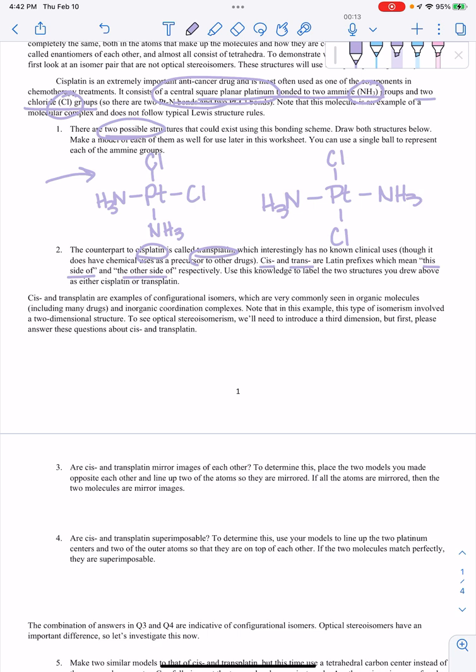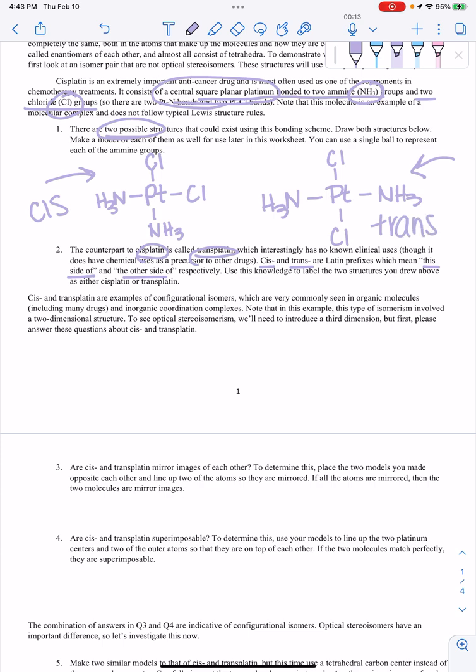We have the two chlorines opposite each other and the two amine groups opposite each other on the right. And so we can assign this left one as the cis structure because they're adjacent, they're on the same side as each other. And then the right structure as the trans one.